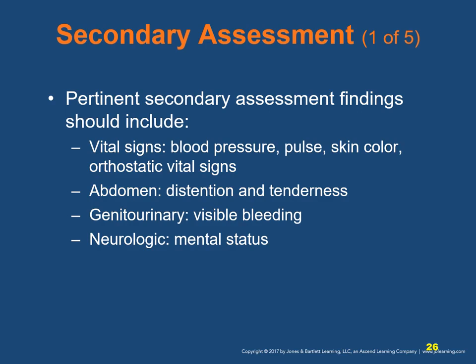Secondary assessment. Secondary assessment may be performed on scene or en route to the emergency department, or if time is limited, not at all. Pertinent secondary assessment findings should include vital signs, blood pressure, pulse, skin color, orthostatic vital signs, abdominal distension and tenderness, visual bleeding, neurologic mental status.